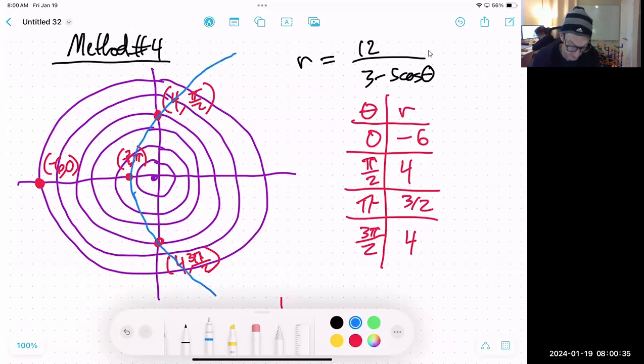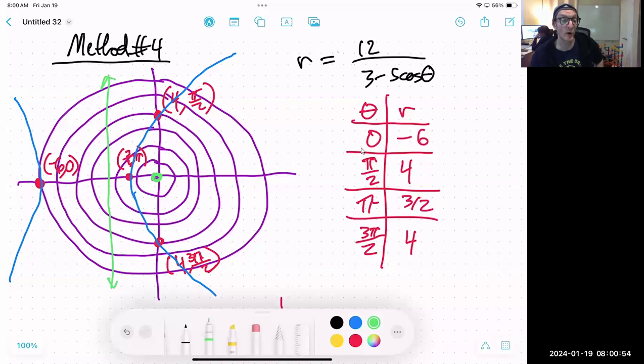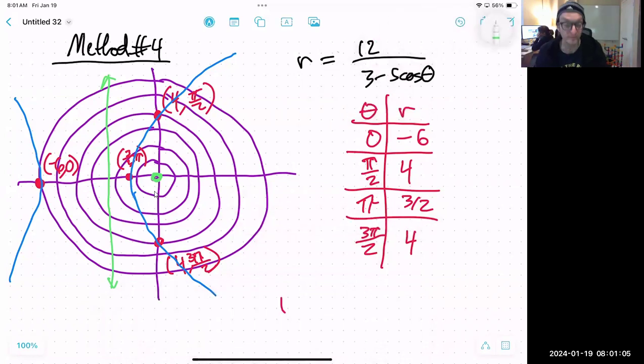In other words, with the focus at the pole and the directrix 12 fifths away, so 2.4 or whatever, by merely plugging in four quick numbers for theta, calculating the r value using the formula, and plotting the points, I just sort of instantly get my hyperbola. And in fact, plugging in 0 and pi gives me the two vertices.